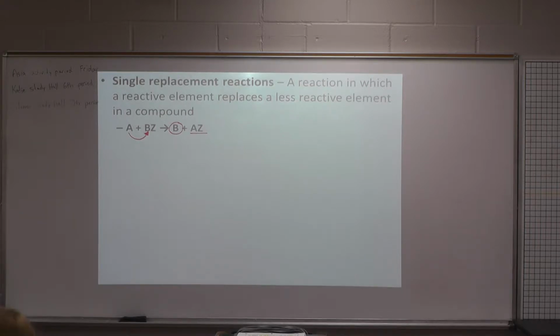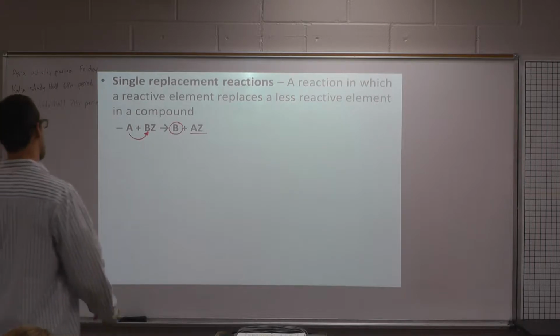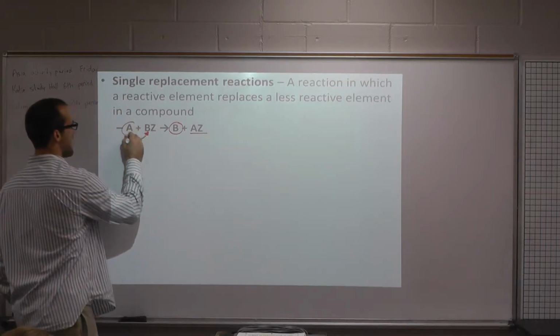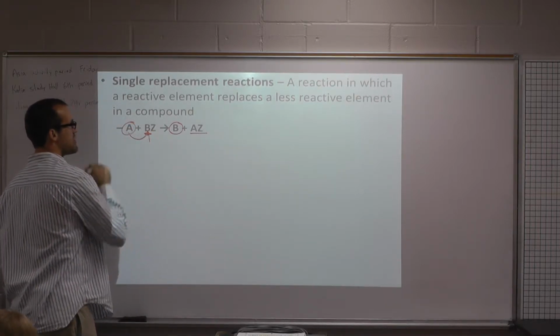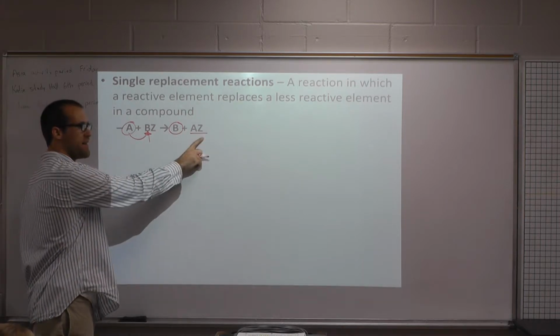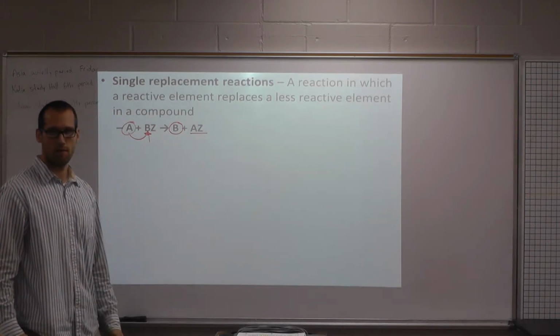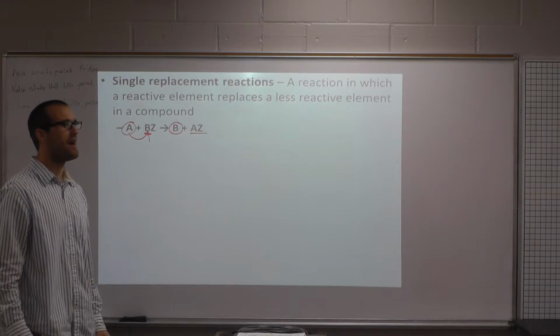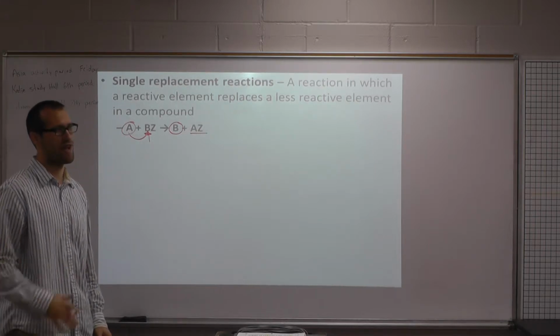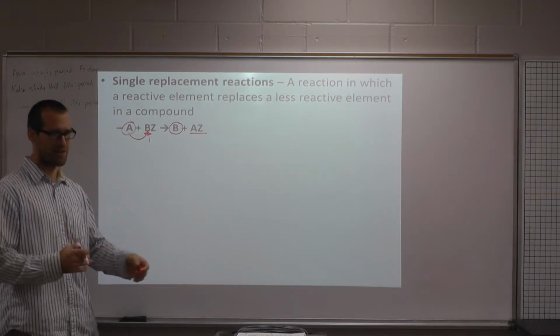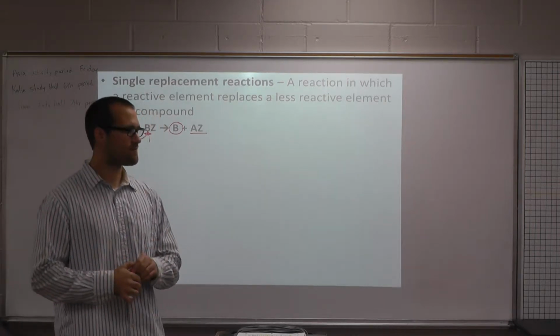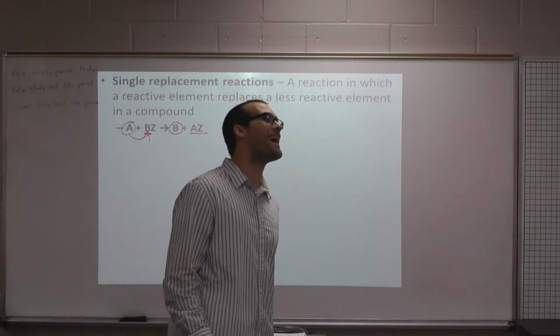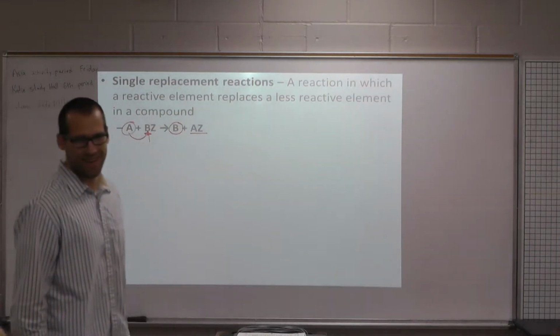Now, the question you might be asking is why would this happen? It has everything to do with the fact that A is more reactive than B, and so it's more stable for A to be bonded than for B to be bonded. Or A is more attractive than B, if we're talking real life situations.